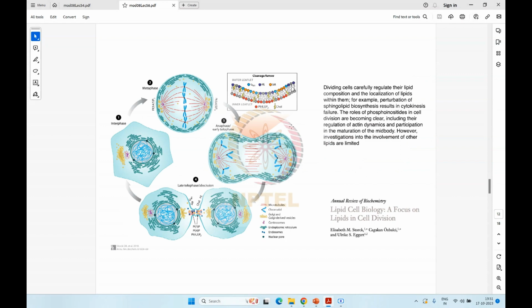This is what I was talking about. The cells need to regulate how their lipid composition is and how the localization is.